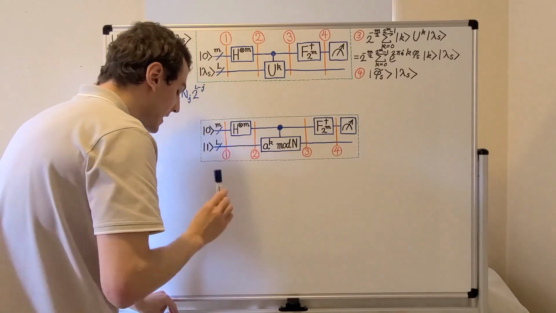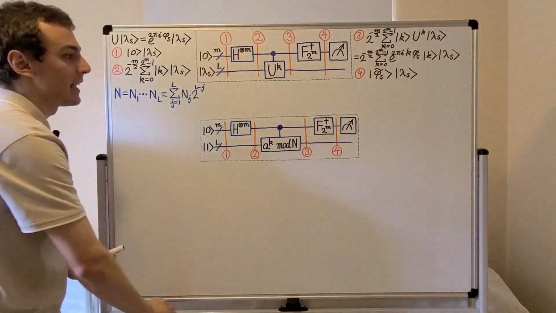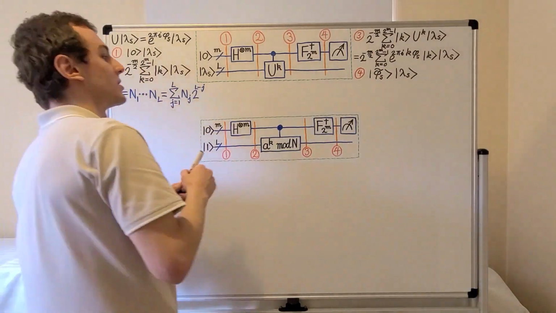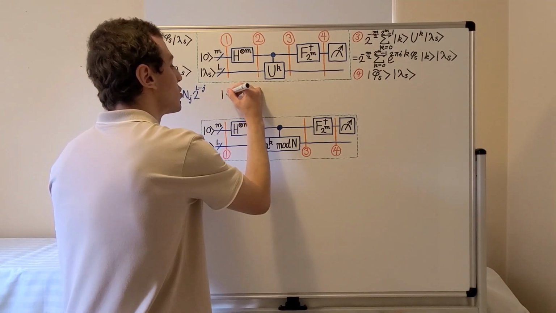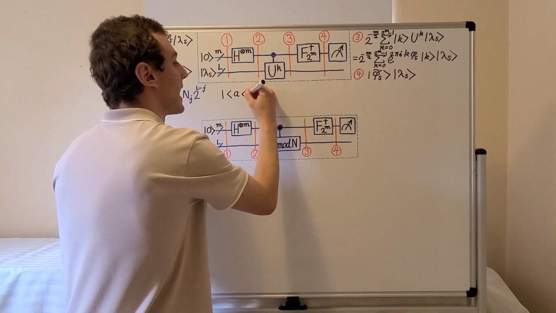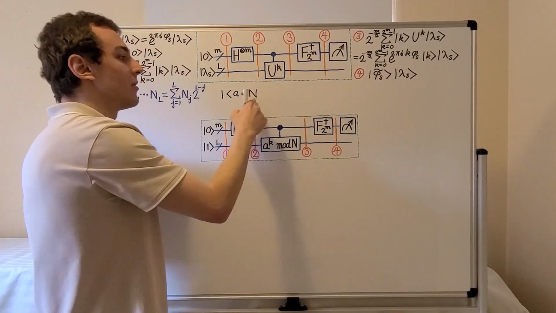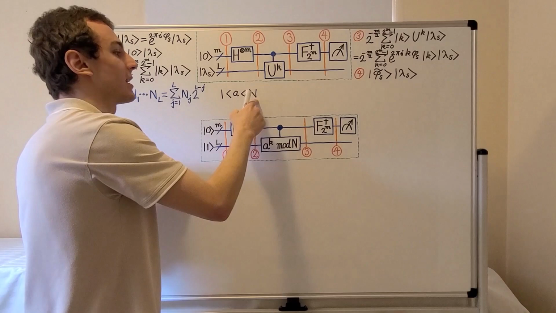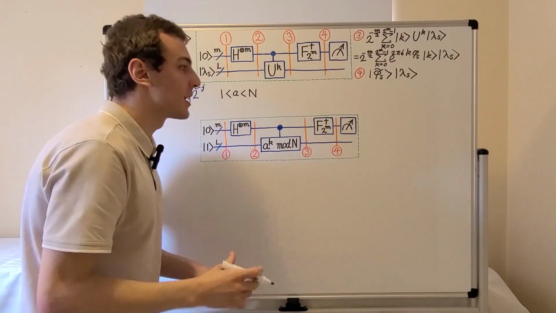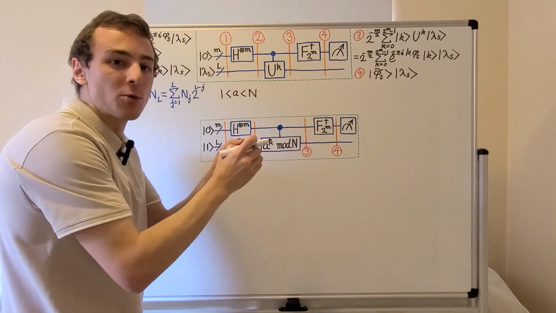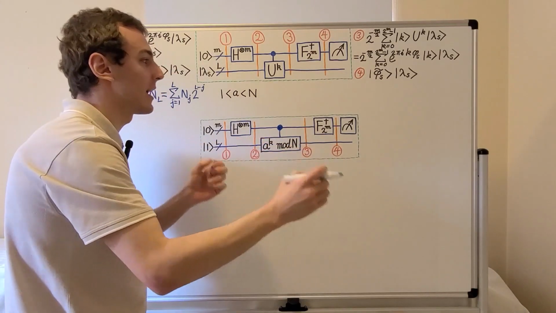diagram. The next thing that we need to define is an integer a. So a is a positive integer which lies between 1 and n. So n, for practical applications of Shor's factoring algorithm, is going to be a really huge semi-prime number. And the goal is going to be to factorize it into those two prime factors.